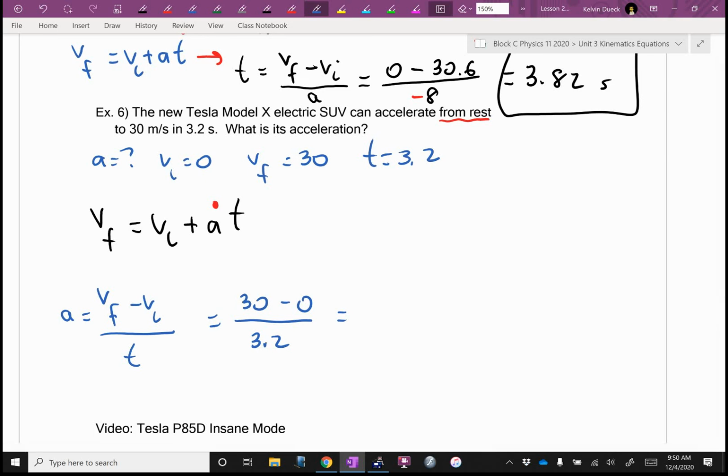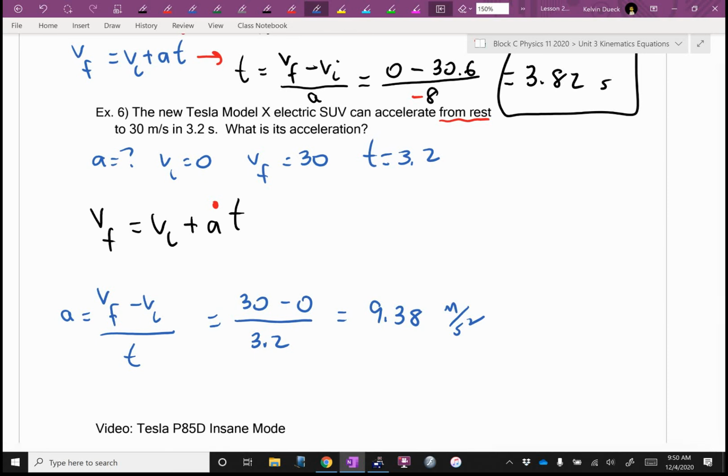Anybody else? Yep. Units, it's an acceleration. Teslas have some pretty good acceleration. They can almost pull probably a little more than a G if you kick it into different modes.